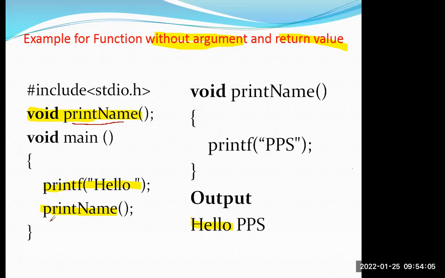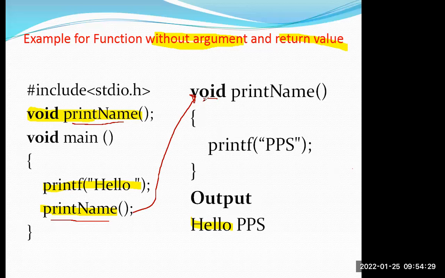When you invoke print name, it has to call the function. The program counter will move to the subprogram, that is void. Void is nothing but return nothing.